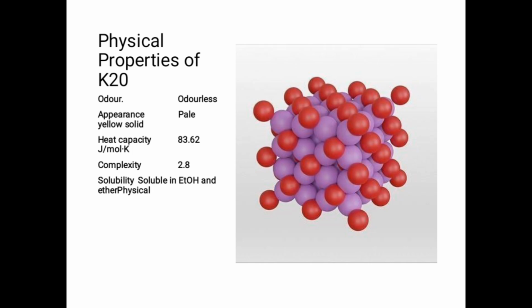We look at the physical properties of potassium oxide separately, because it's an oxide of an element in period 4. It's odorless, a pale yellow solid, which is soluble in ethanol and ether, and of course it has a heat capacity.